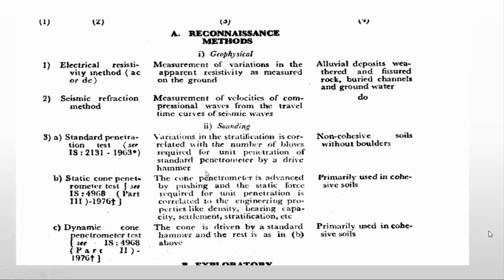This is the standard penetration test, which is good for non-cohesive soil. Static cone penetration test is primarily used in cohesive soil. So the standard penetration test is better for non-cohesive soil, and the static cone penetration test is used in cohesive soil.